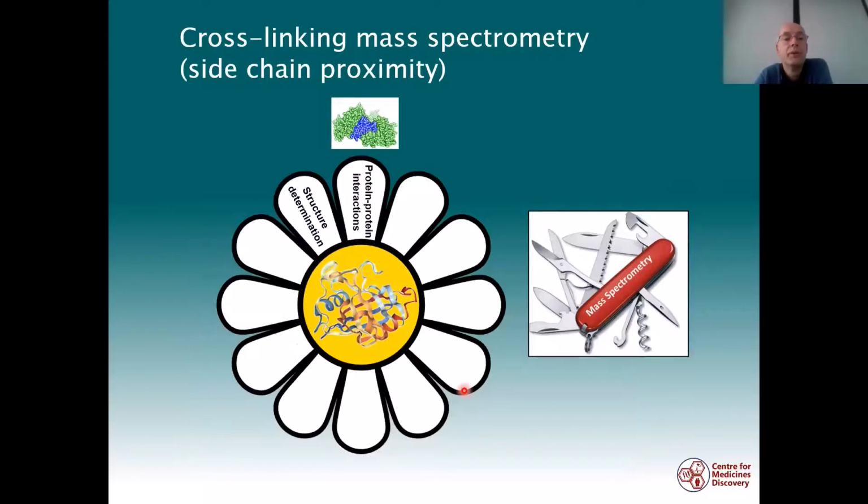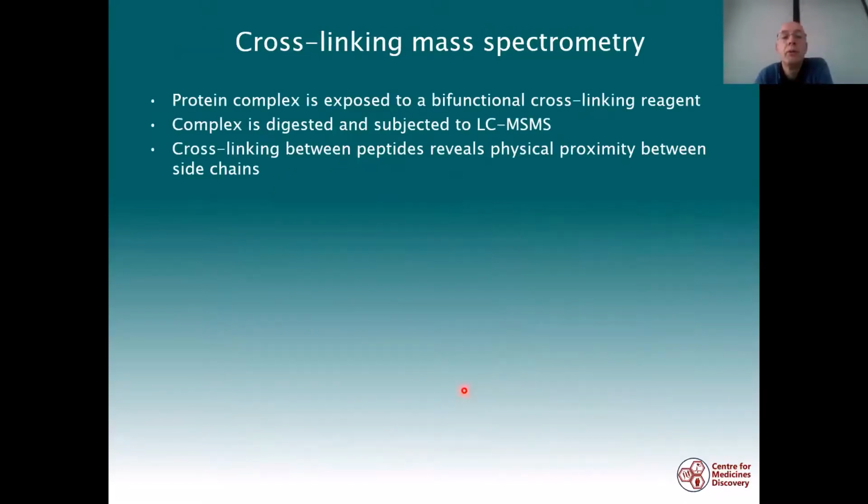Another very important structural mass spectrometry technique is cross-linking mass spec. What this enables us to do is, where we have protein interaction, it allows us to measure the proximity of side chains between one protein partner and another. So what we need is to take our protein complex and expose it to a bifunctional cross-linking reagent.